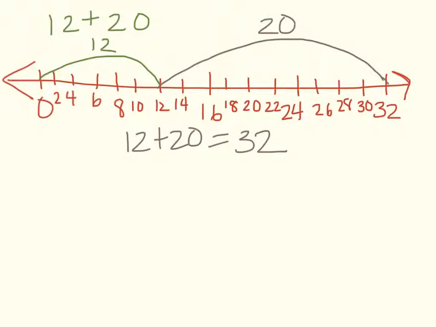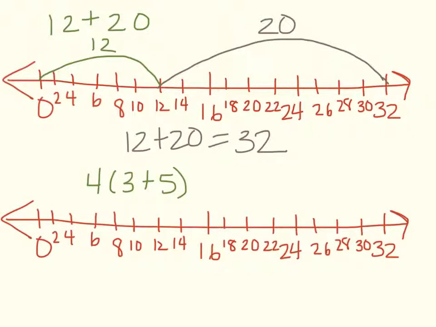Now let's look at this if we use 12 plus 20 as a product of the greatest common factor of the numbers and another sum. Now let's represent 4 times 3 plus 5 on the number line so we can visualize this. All we're saying in 4 times 3 plus 5 is that we're going to create 4 jumps of 3 plus 5. So let's begin with one jump of 3 plus 5, which takes us to 8.